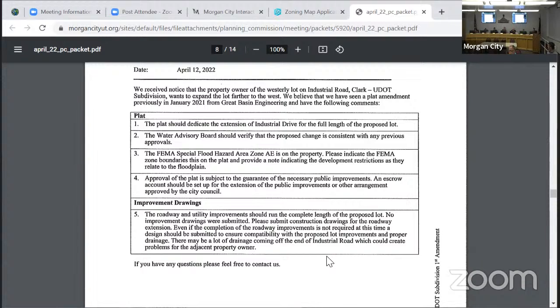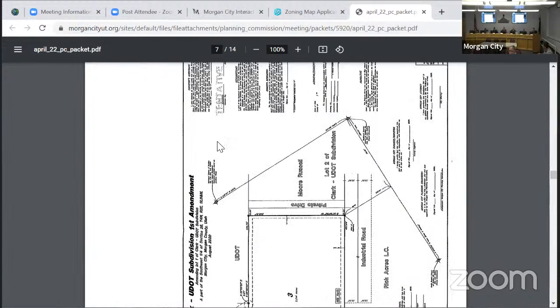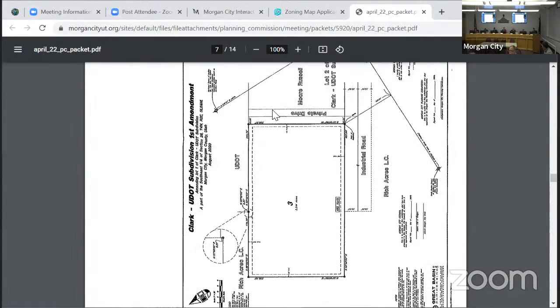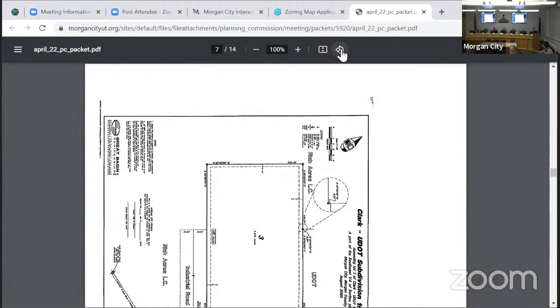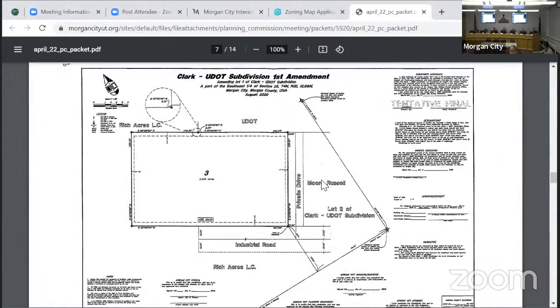I am just curious, the error that's being corrected. What was the error? No, there's no error. The city's subdivision ordinance says that if there's a plat amendment or change, staff can just take care of it only if there's an error with the plat. Oh, okay, so if I misheard, I apologize.